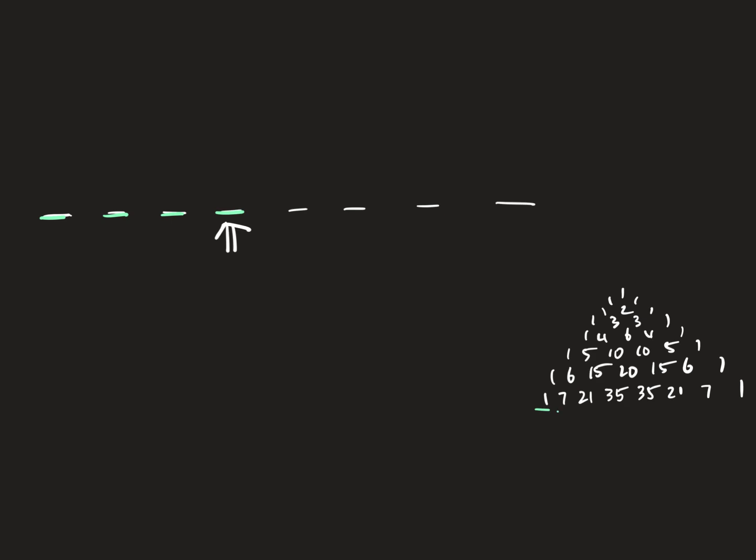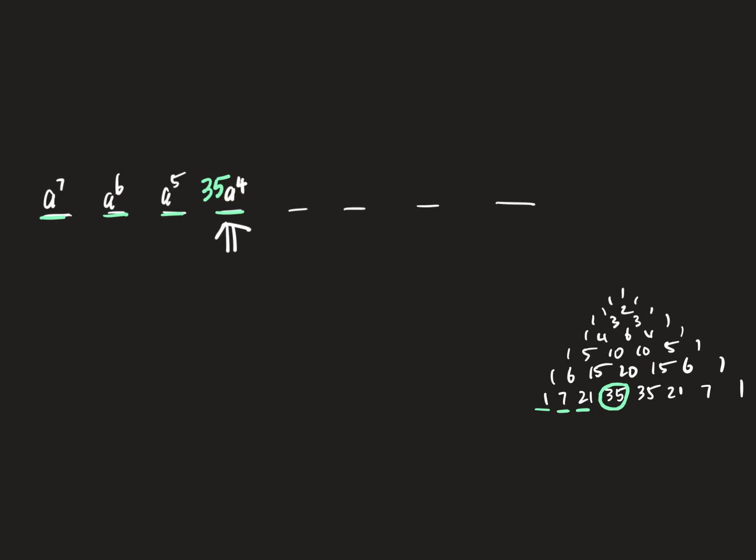Now, I need to find the coefficient of that term, and I look up my Pascal's triangle, draw it if I need to, and I'm after 1, 2, 3, this one here. So my coefficient here is 35. Now, I'm thinking about my powers. My powers descend: a to the 7, a to the 6, a to the 5, a to the 4.